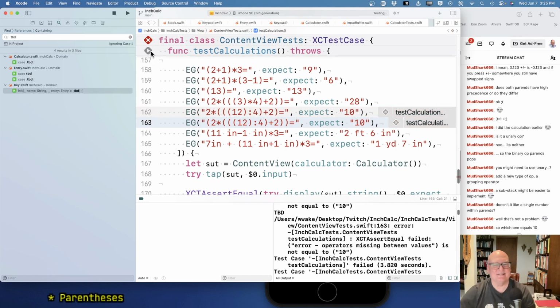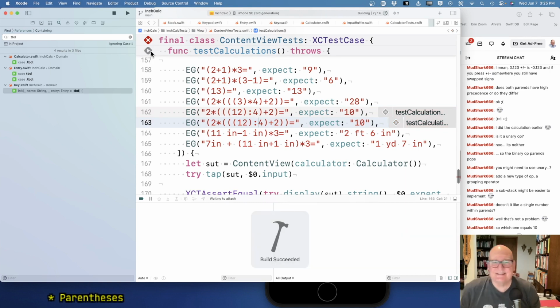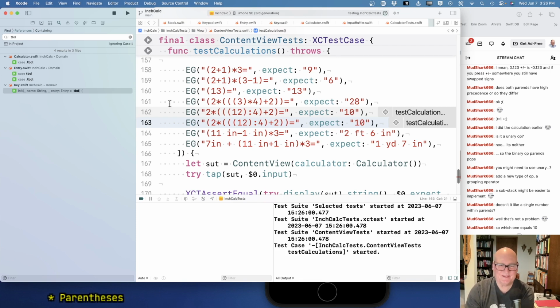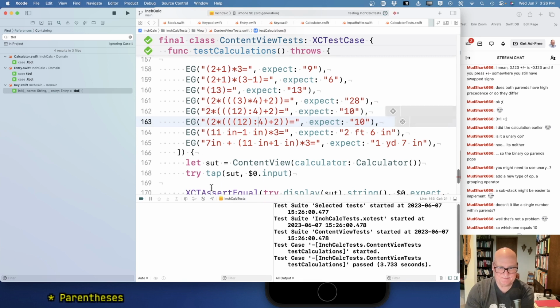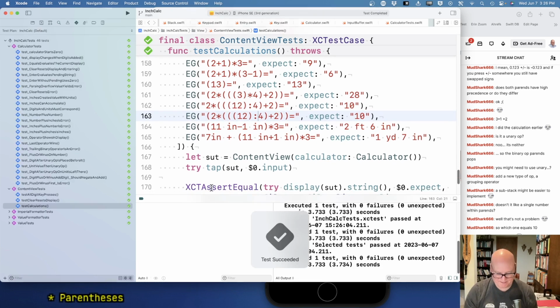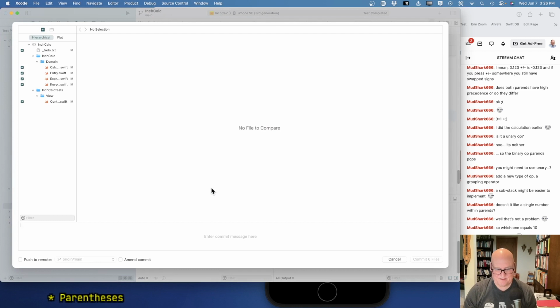Okay, let's see. Maybe how to do the other one different or something. I don't know. All right. Add parentheses, but not with enough error checking.